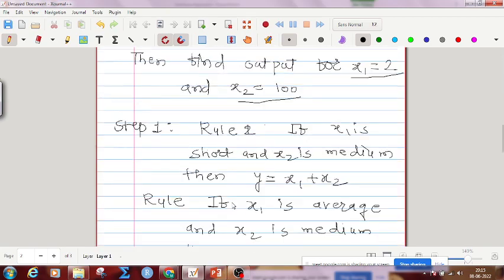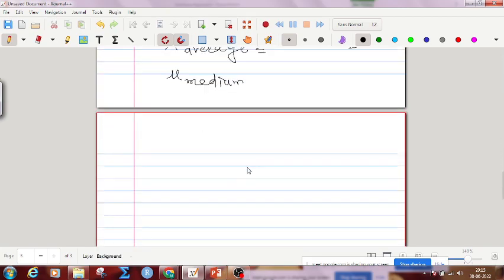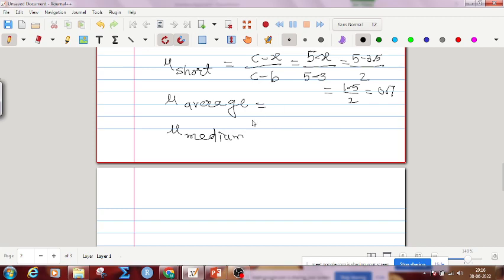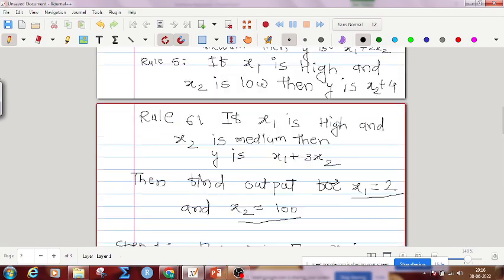So let us try to find this membership. Mu average by the equation is equal to x minus a divided by b minus a.